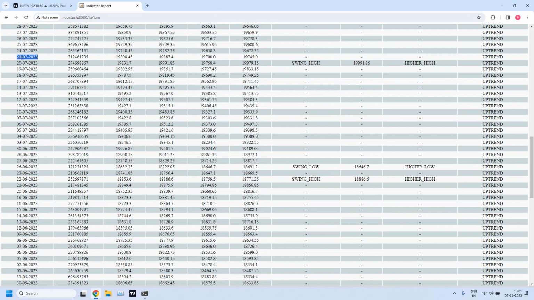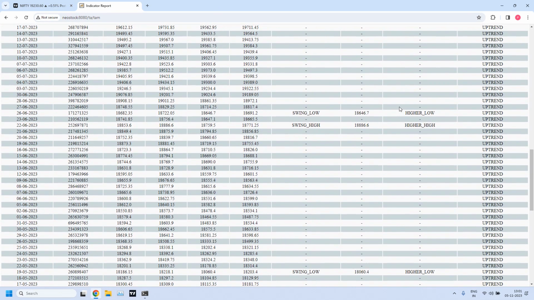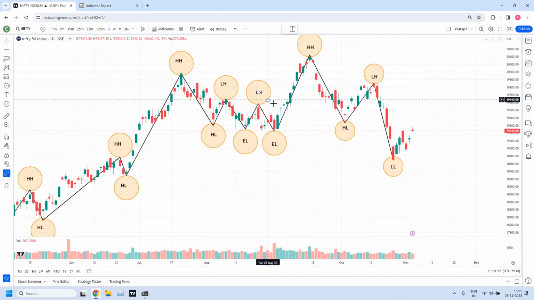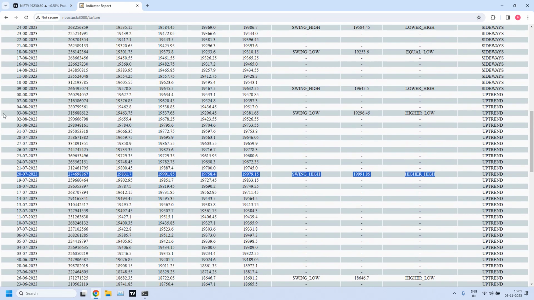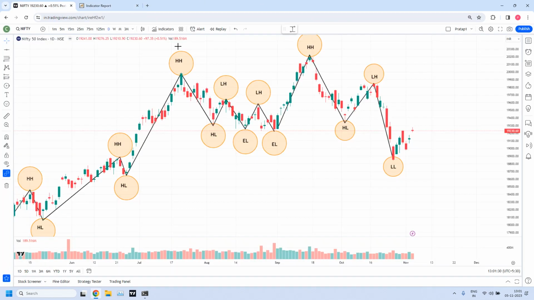Oh, sorry, I have marked it wrong. Yeah, 20th July only. It is higher high. The swing high is higher high. Okay. And the next, 3rd August, we have higher low. So this is the 3rd August. We have higher low.